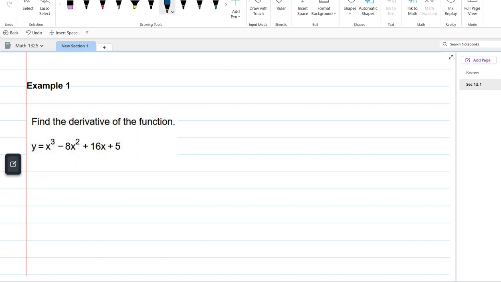Example 1 asks, find the derivative of the function y equals x cubed minus 8x squared plus 16x plus 5.